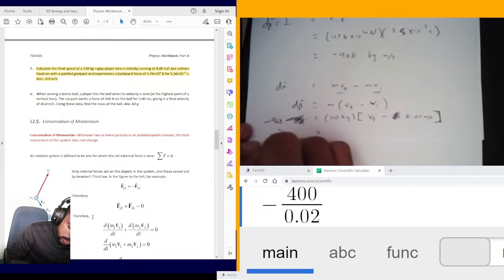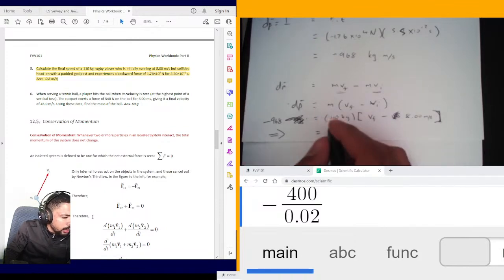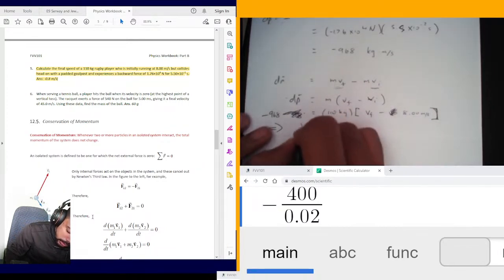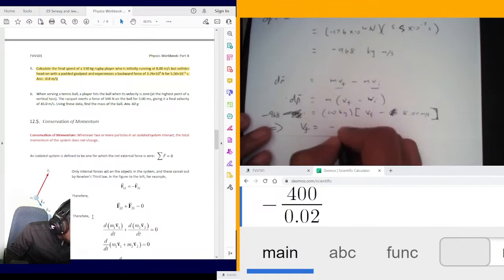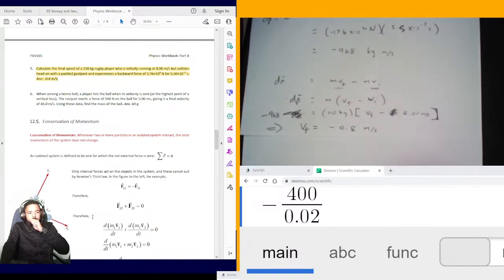Therefore, if you work it out, you divide by 110 and you add 8, I at least got a velocity of negative 0.8 meters per second. Which makes sense because once he smashes into the rigid goalpost, the post is not moving and he's effectively come to a stop and he's just moving backwards slowly.